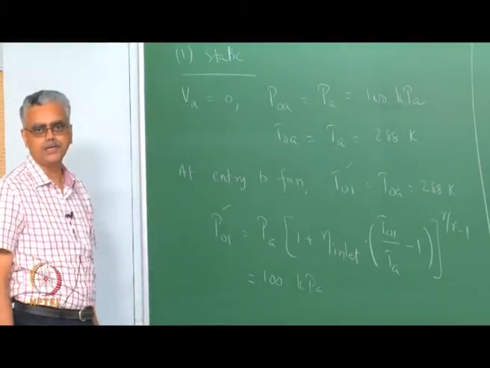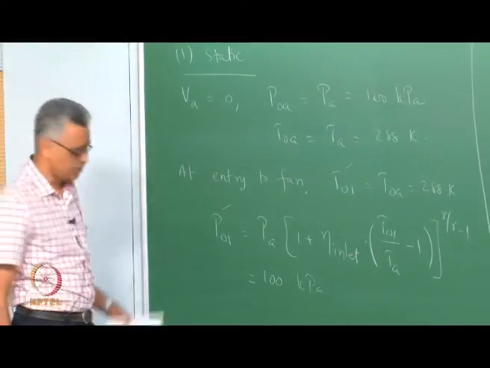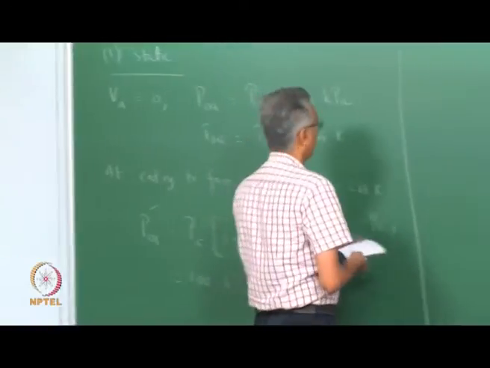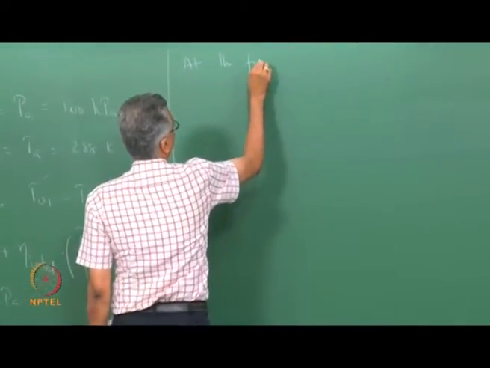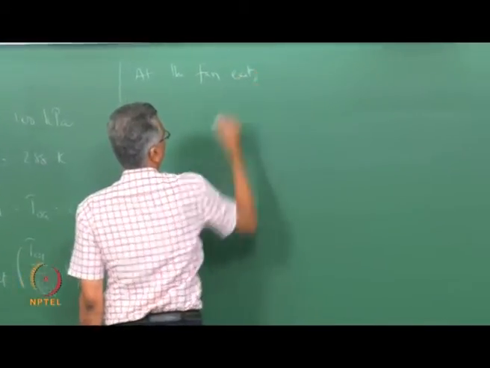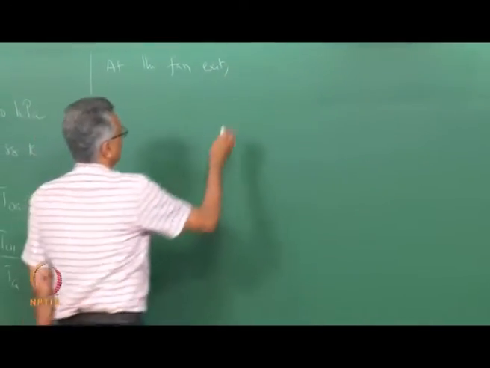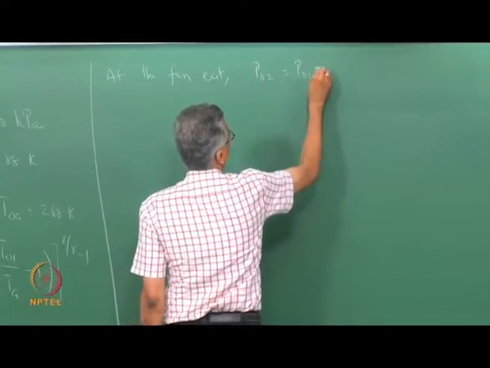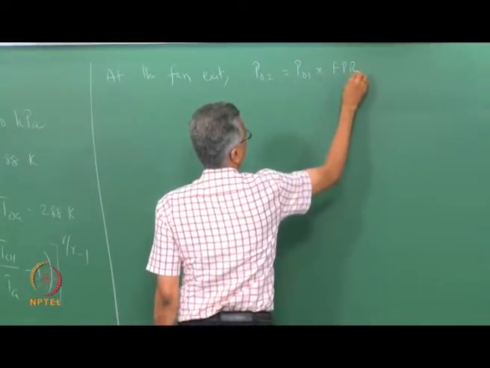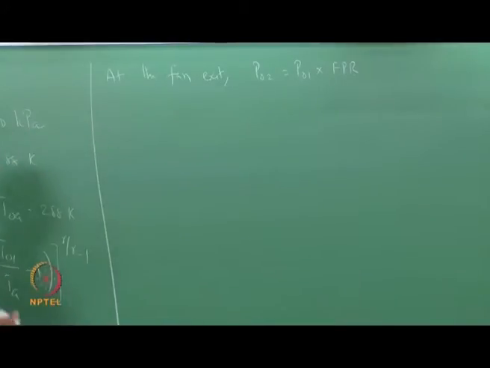Next we have to determine P02 and T02. So at the fan exit, P02 is equal to P01 times the fan pressure ratio. This was how the fan pressure ratio was defined.